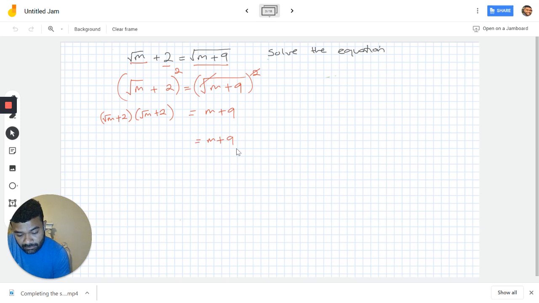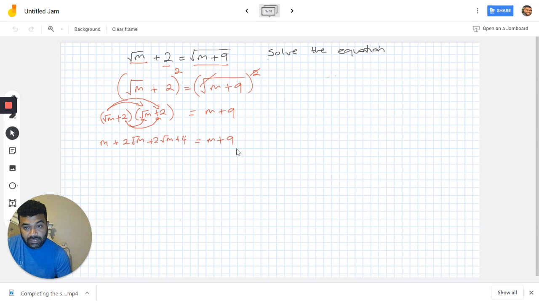So I will have m times m, square root of m times square root of m is going to give me an m. Root of m multiplied by 2 will give me a positive 2 root of m, and then 2 times root of m will be another 2 root of m, and then 2 multiplied by 2 is going to give me a 4.